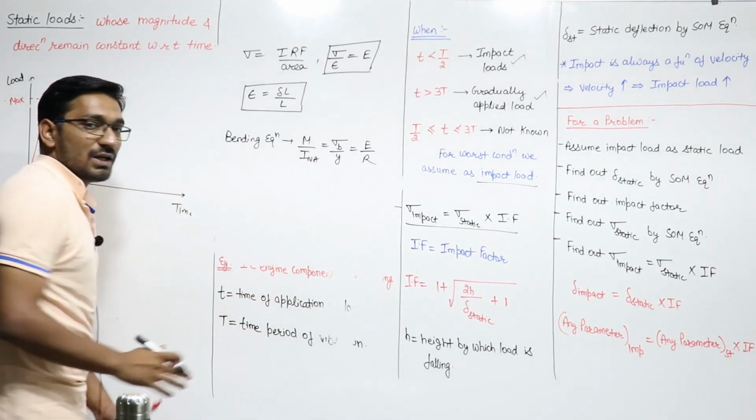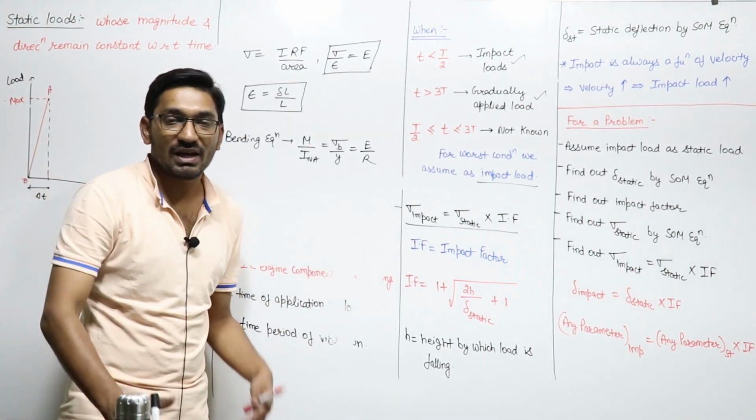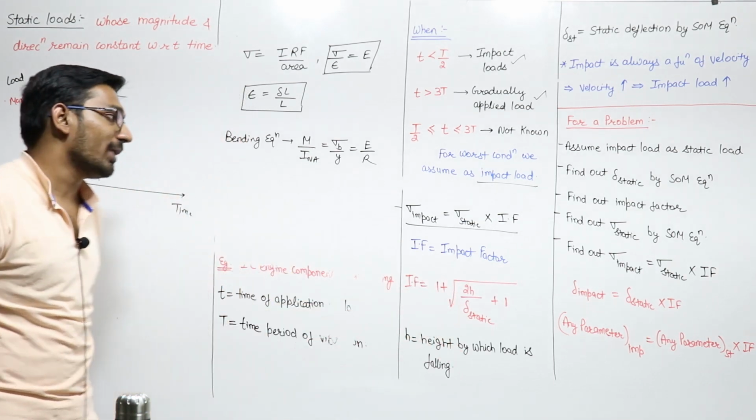The bending moment which we apply on a body is a gradually applied moment.